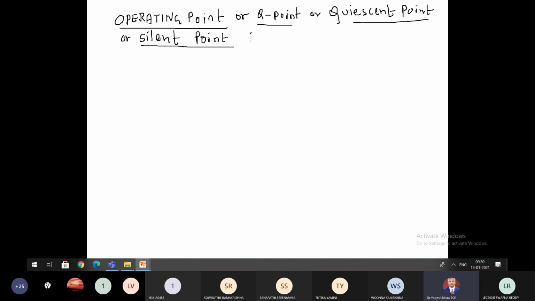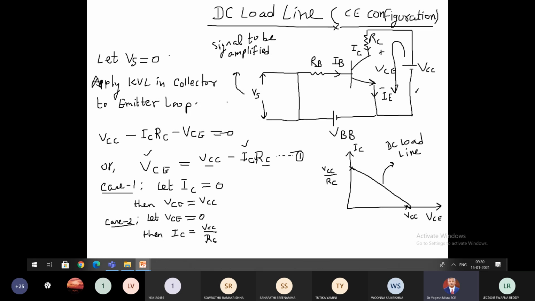So this is the value of IC and VCE in a transistor when no external signal is applied. Means silent. When the transistor is silent. Silent means when this Vs, we have not applied any external signal for the amplification. At that time, what are the various values of IC and VCE? That is your operating point. Okay.